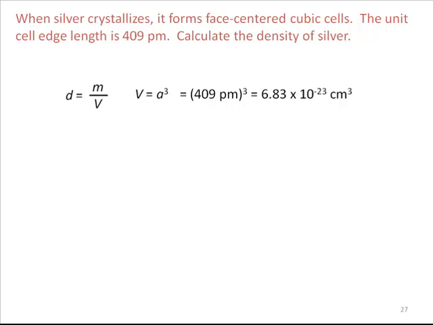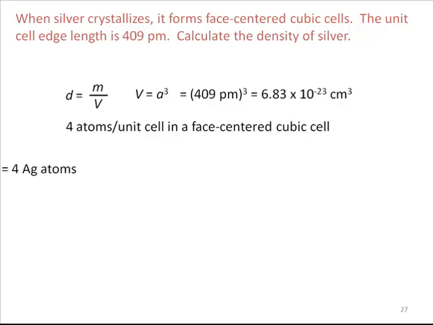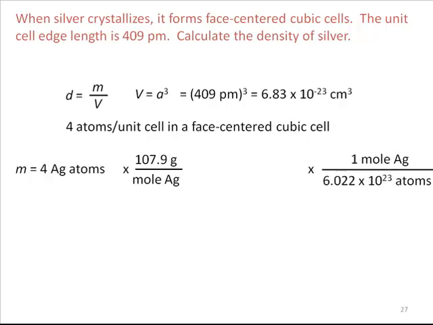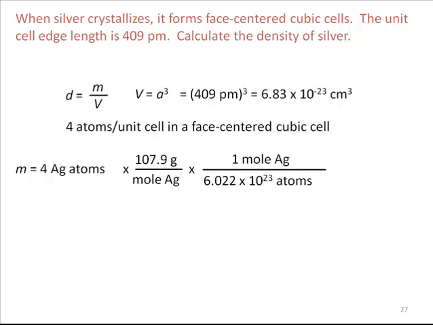Okay? We're working with small numbers here. There are 4 atoms per unit cell in a face-centered cubic cell, so the mass is 4 Ag atoms. Multiply that by the molar mass of Ag. Divide that by the number of atoms in 1 mole. The atoms cancel.